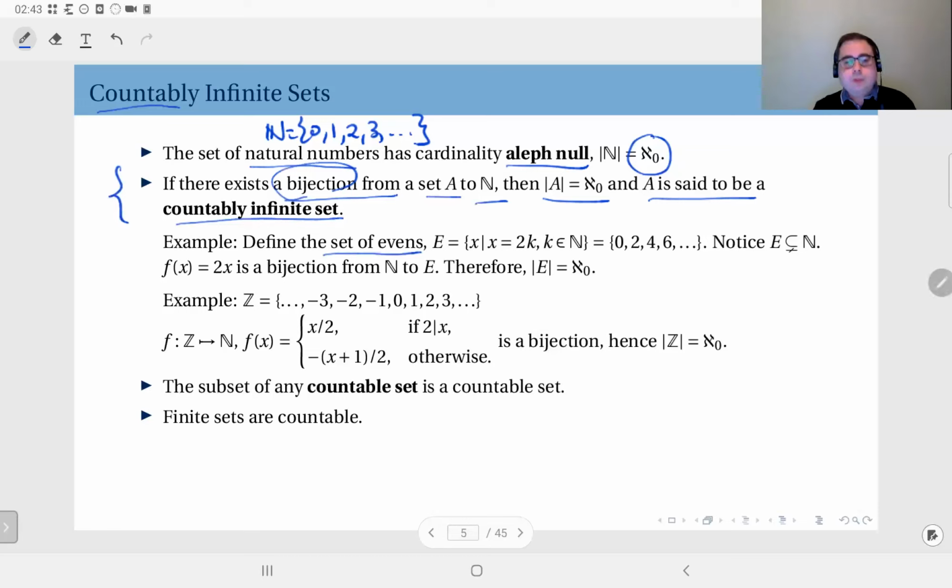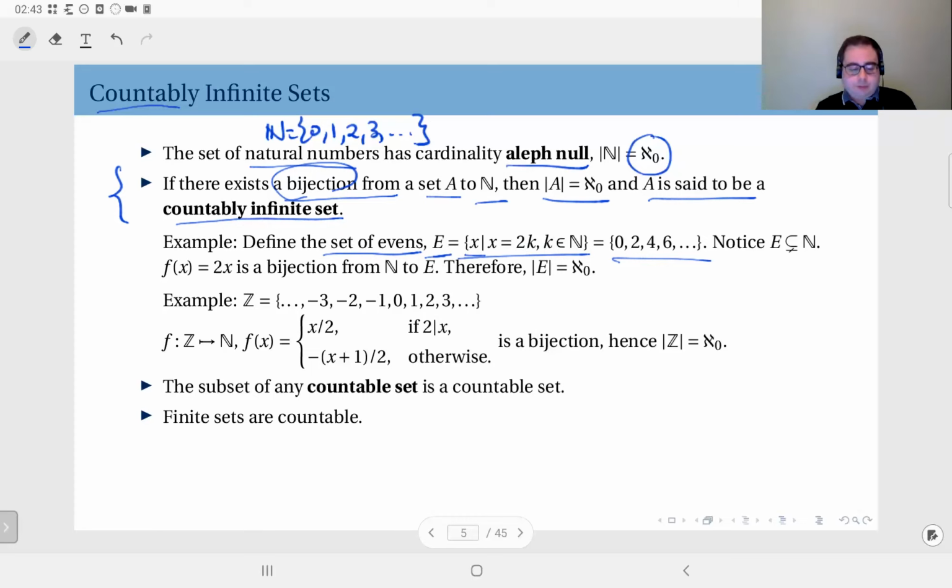The set of even numbers is defined in this way. For any natural number k, 2 times k is an even number, so set E is defined as the set of evens where any element x can be written as 2 times k, where k is a natural number. Now, first of all, observe that this set is a subset of natural numbers. Every element is a natural number, so it's included in the set of natural numbers.